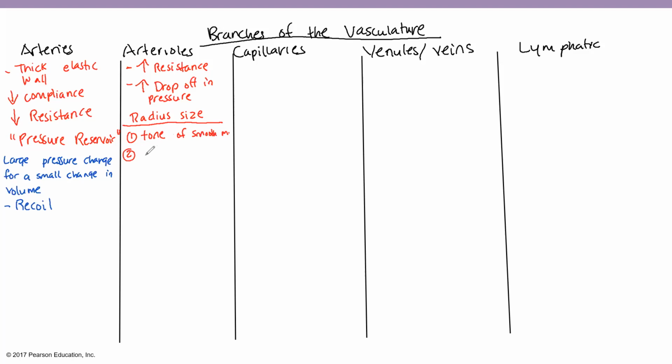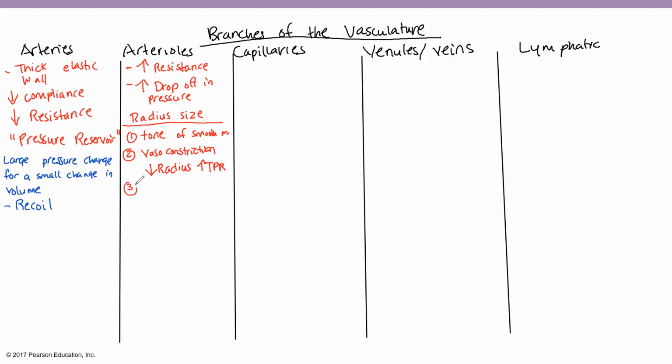Two was vasoconstriction. Remember, vasoconstriction decreases the radius and increases the TPR.